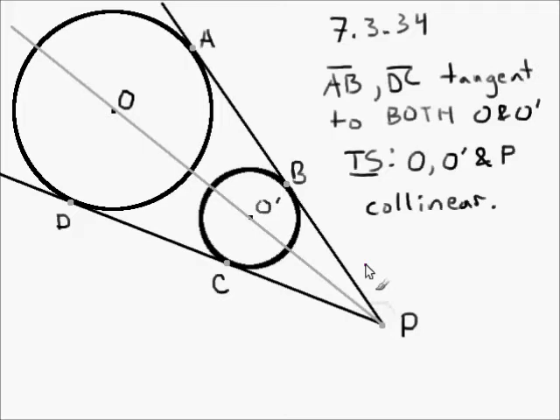Now, when I first started this problem, I wanted to do something with bisectors. I was thinking, well, maybe if I draw a line AD and I show that OP is a perpendicular bisector, and then I take this other line, O prime P, extend it out, and show that it is also the perpendicular bisector, then they'd be one and the same.